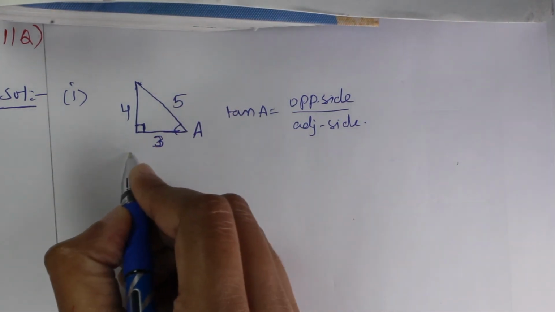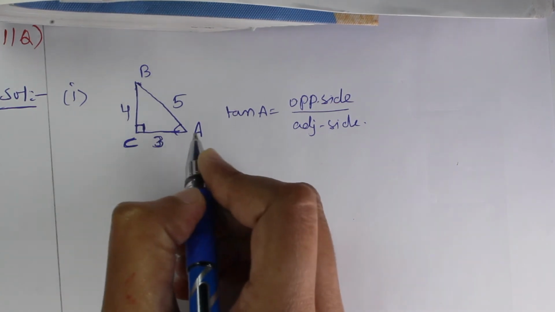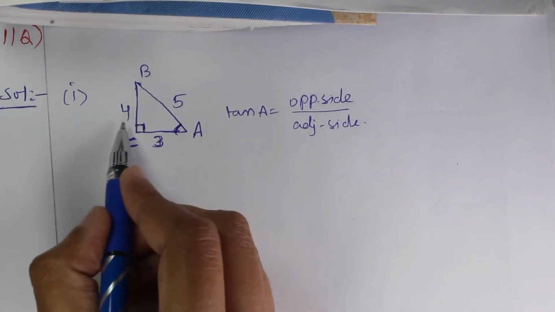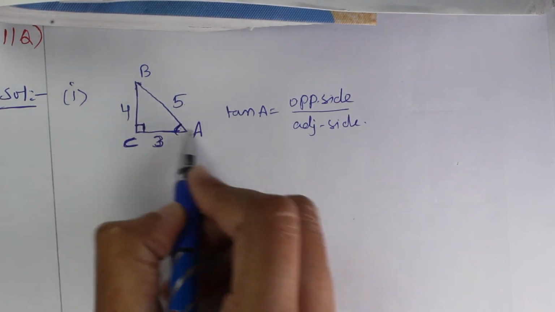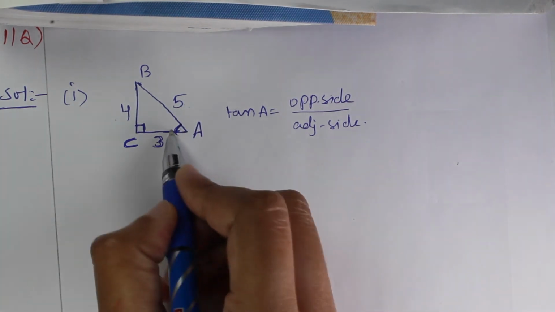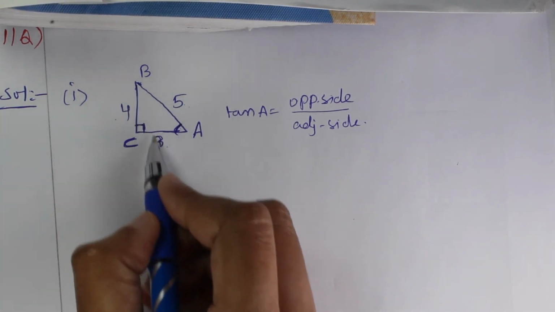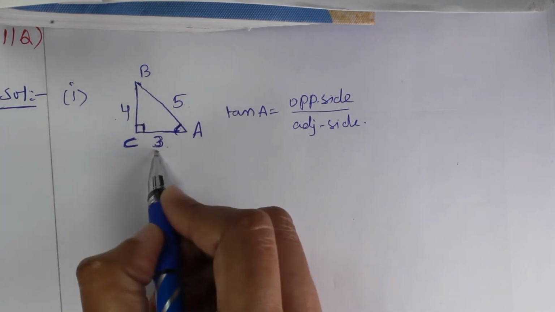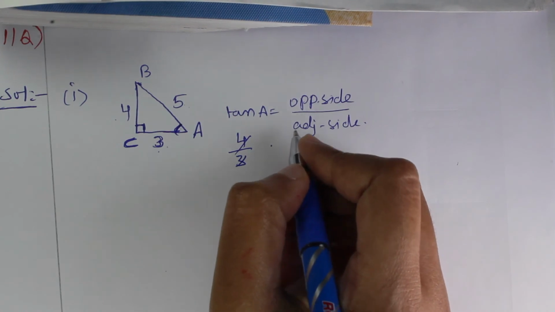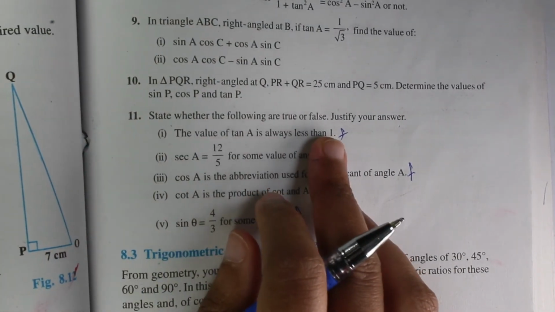This is a right angle triangle, right angled at C, and this is angle A, with sides 4, 3, 5. This is a right angle triangle because 4 square plus 3 square is equal to 5 square. Now what is the value of tan A? Tan A is opposite side by adjacent side, that is 4 by 3. 4 by 3 is greater than 1, right? So that's why this statement, the value of tan A is always less than 1, is false.